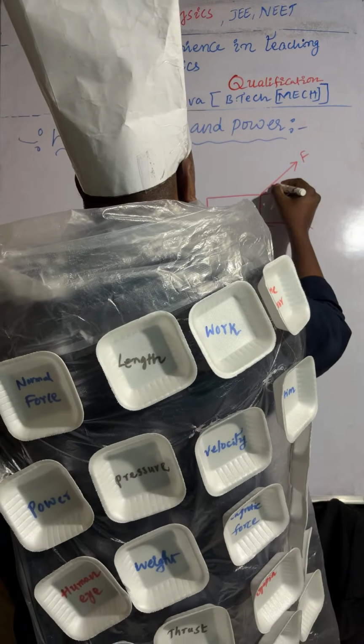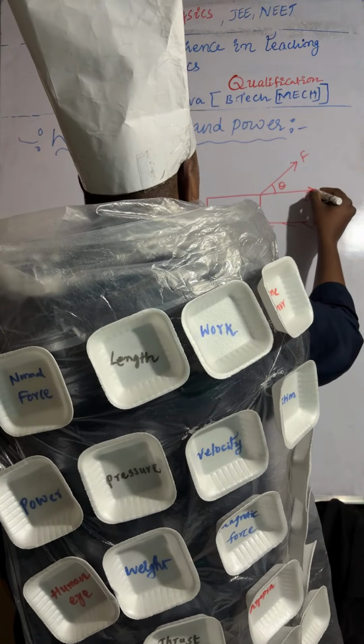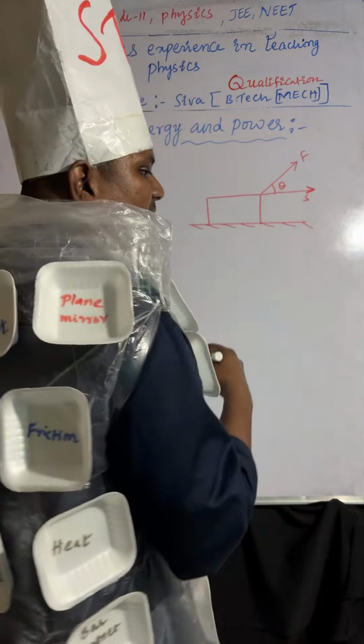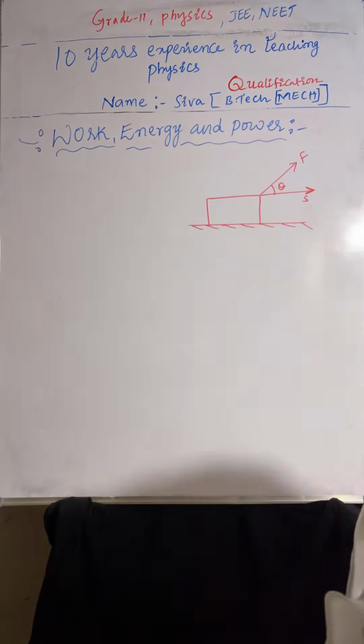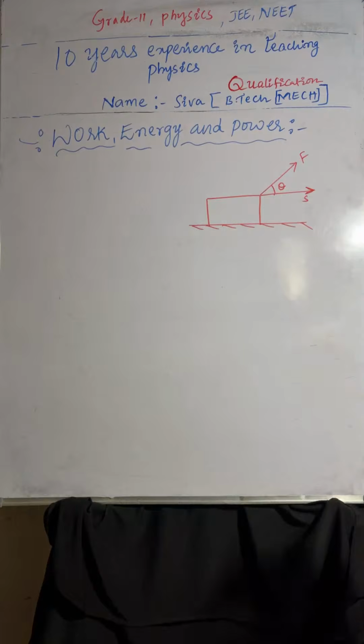Understood or no? So the angle between force and displacement is theta. Understood or not? When we apply force on the object, the object moves. How is it moving? In the horizontal direction.